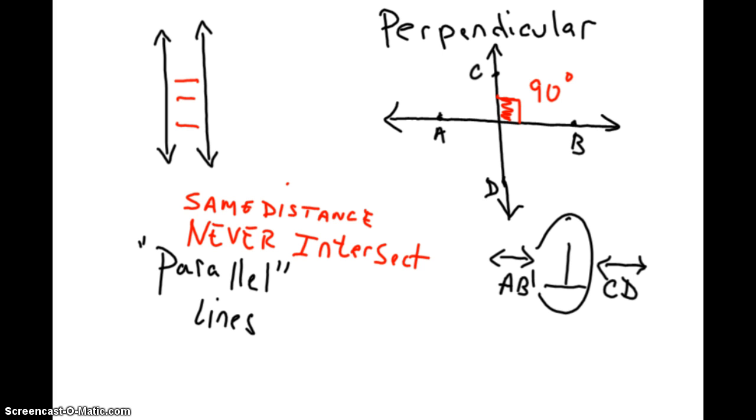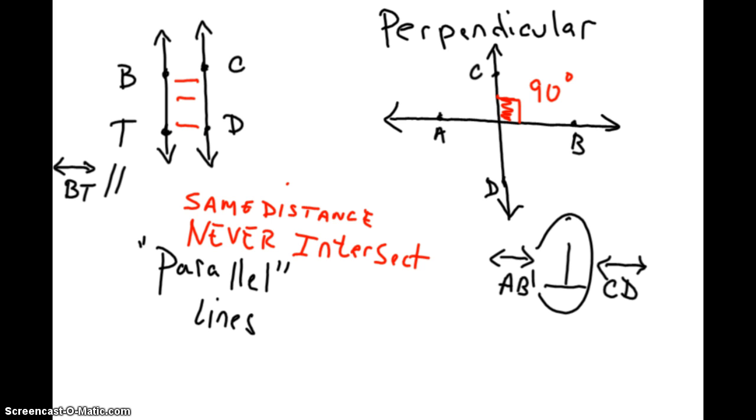Let me go back. So if we have this line, let's call it BT, and this one is called CD. The symbol for parallel, and how we would write it as mathematicians, is line BT is parallel, very cool, right?